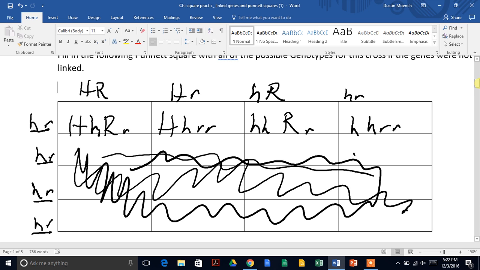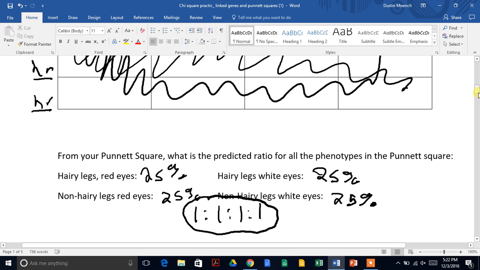And that's what you should get when you fill in the boxes. So we have 4 different genotypes and an equal probability that an offspring has any of the 4 genotypes. So when asked to predict what ratio of these phenotypes from your Punnett Square, each of them is just as likely, 25%, or the Mendelian ratio of 1 to 1 to 1 to 1.